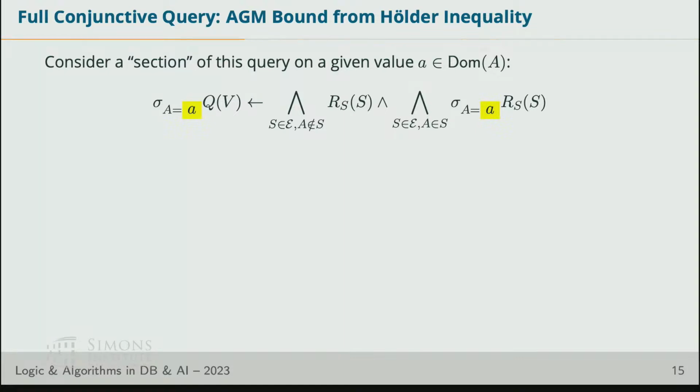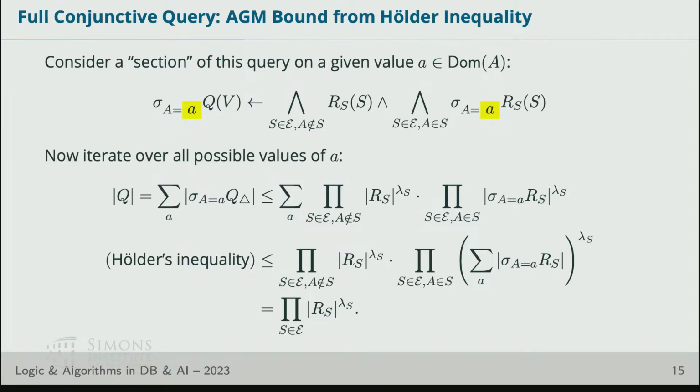That's that section. And by induction, we sum over these sections. This is a proof of the inequality. The sum is broken up into a product of the things that do not depend on A and the things that depend on A, and then applying Hölder, we get exactly this bound. It's precisely the same proof.